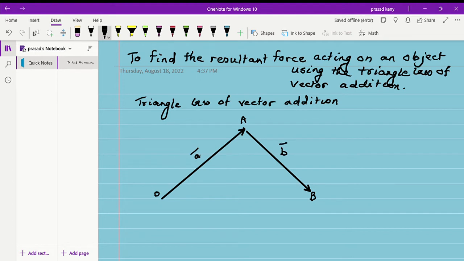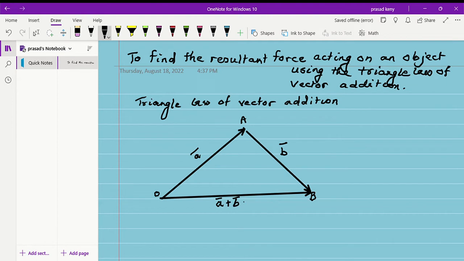Then the vector that starts from O, that means whose initial point is O and the terminal point is B, will represent the vector sum of A bar and B bar.